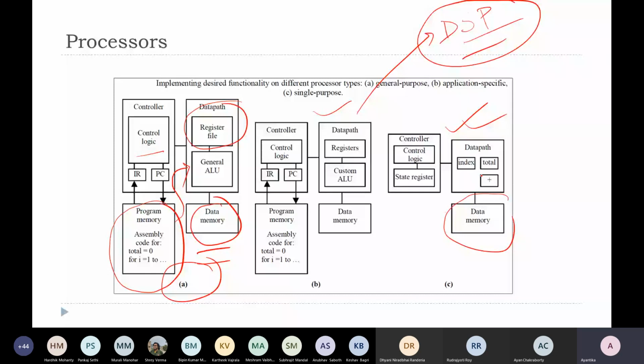And maybe you are scheduling your tasks in a parallel way, so that your single purpose processor, for those very restricted operations, may give a huge performance improvement that is not possible in a general purpose processor. And sometimes that performance improvement is mandatory based on our real-time requirement in the embedded system scenario. That's why this choice of processors is important.